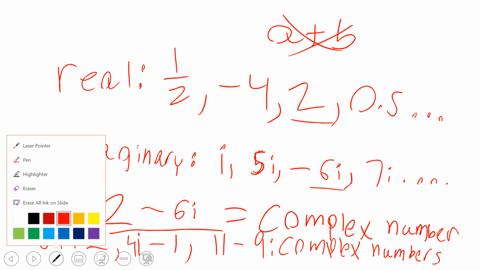Now we know what complex numbers are. And let's take a look at what we can do with complex numbers. With complex numbers, obviously, if we combine a real plus imaginary, that's going to be complex.